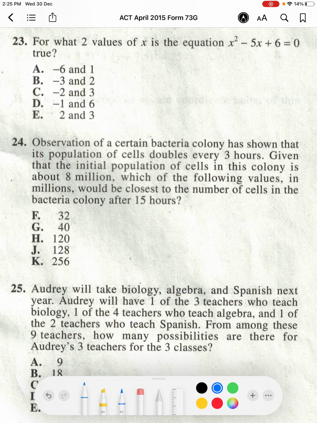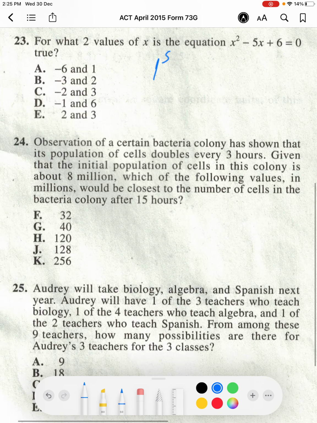So what should we do with this problem? The first approach to solve this problem is to set up a table.